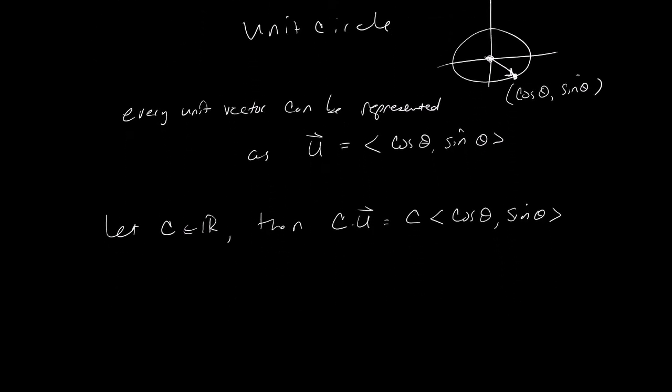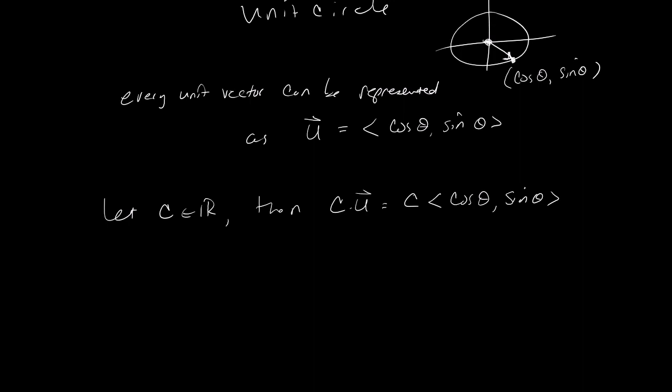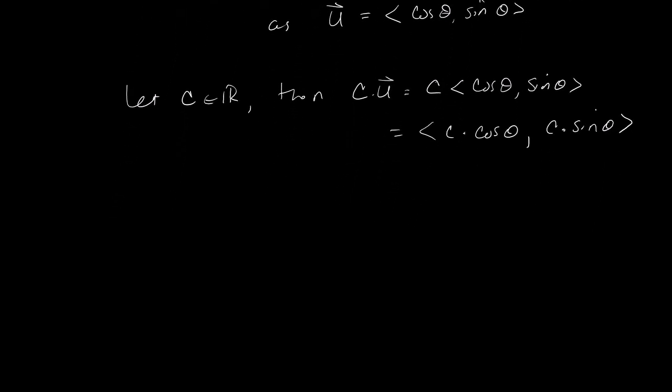This becomes c times the cosine of theta and c times the sine of theta. And that's actually one of the properties of vectors. It's called scalar multiplication. Let's look a little closer at that.